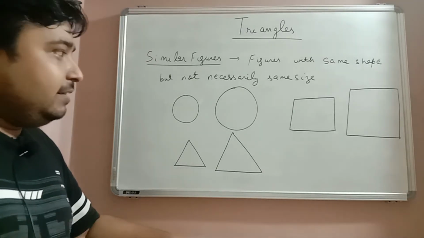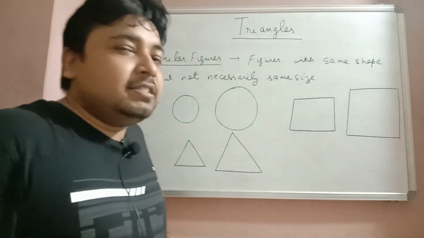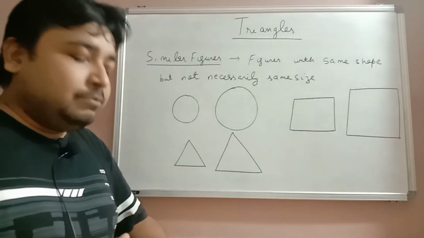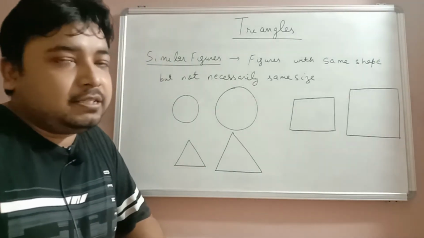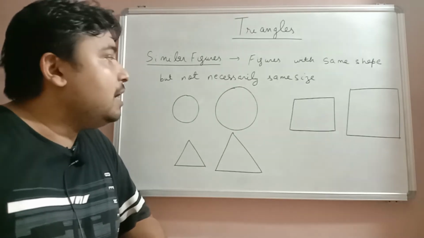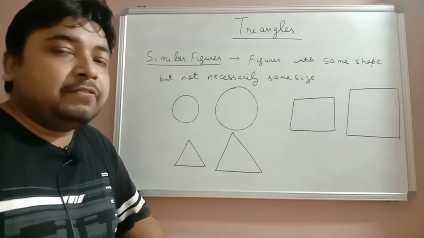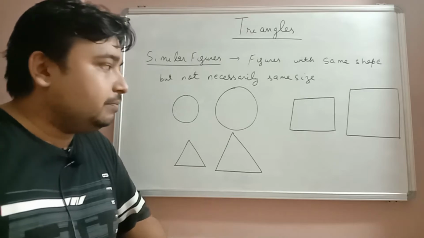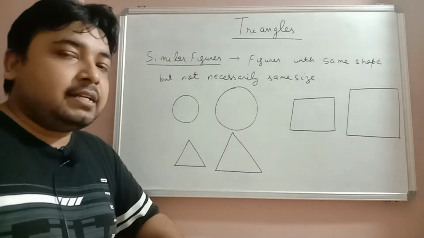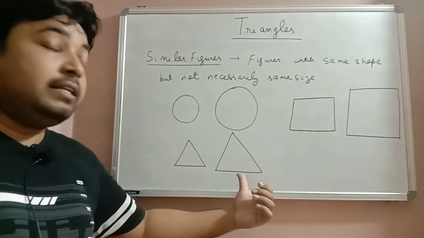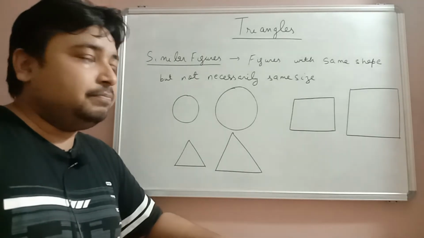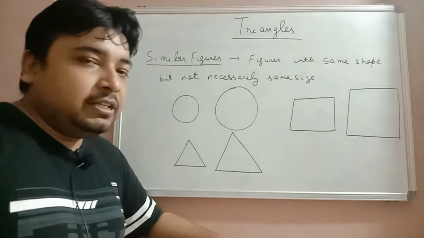So we see that if we take any two circles, the circles will have the same shape, and hence we can conclude that all circles are similar figures. Similarly, all squares are similar. Similarly, all equilateral triangles are similar. Let's write down these conclusions.